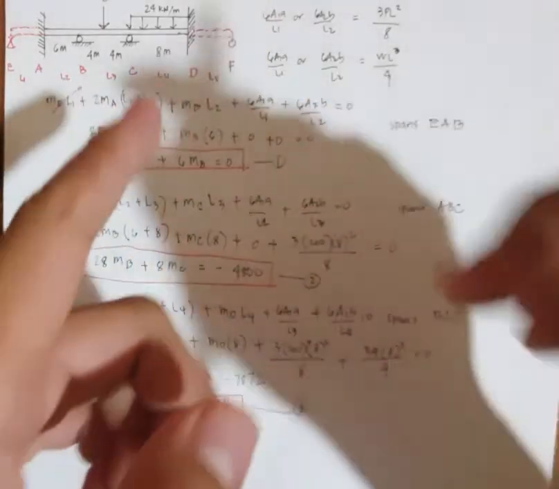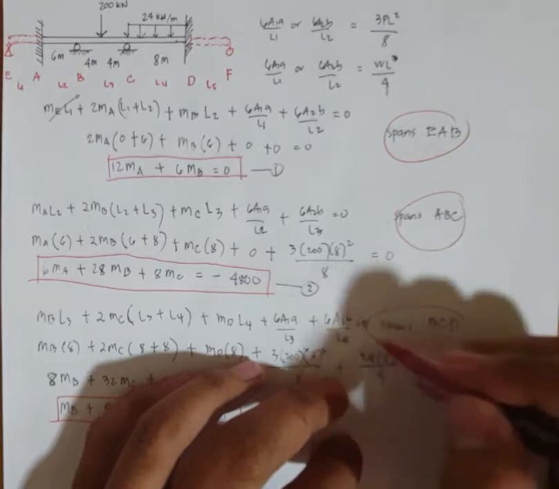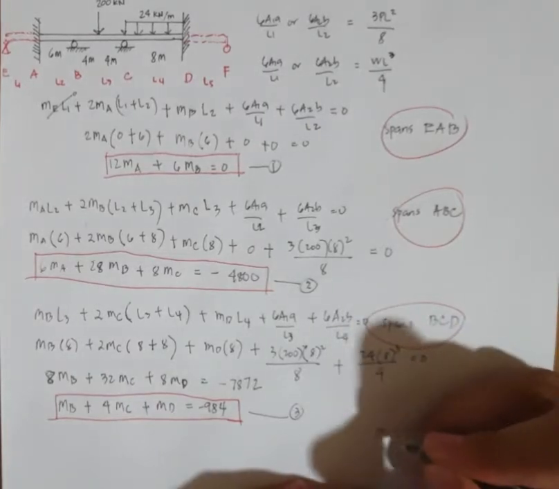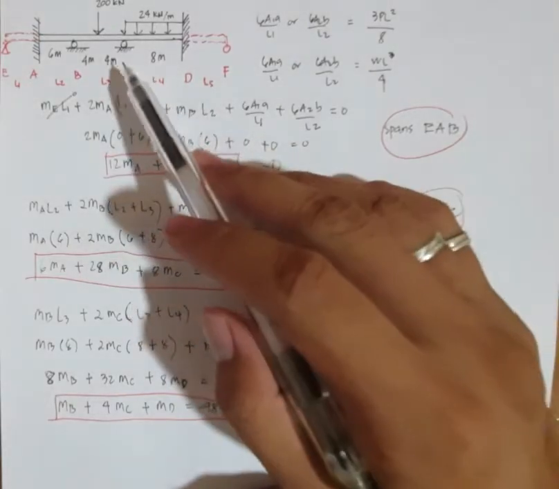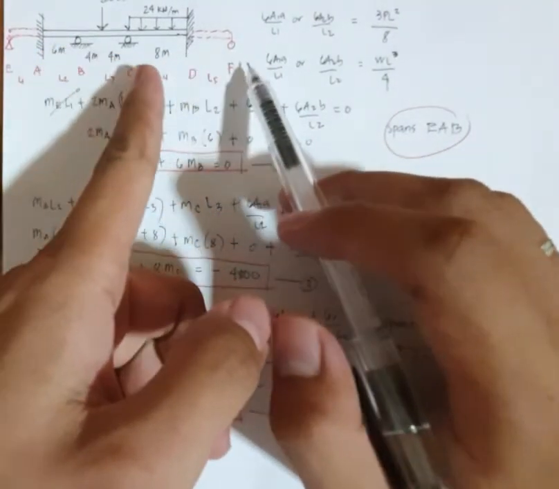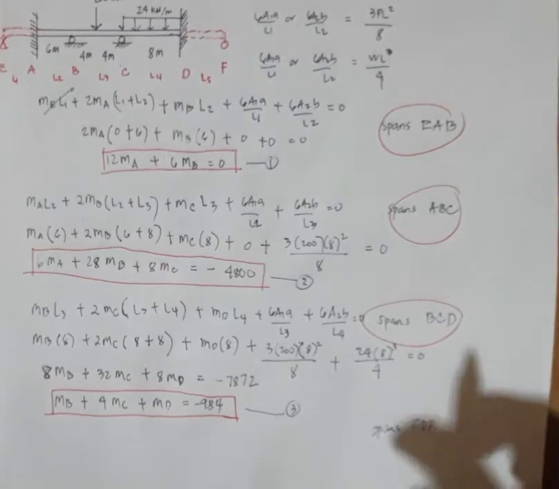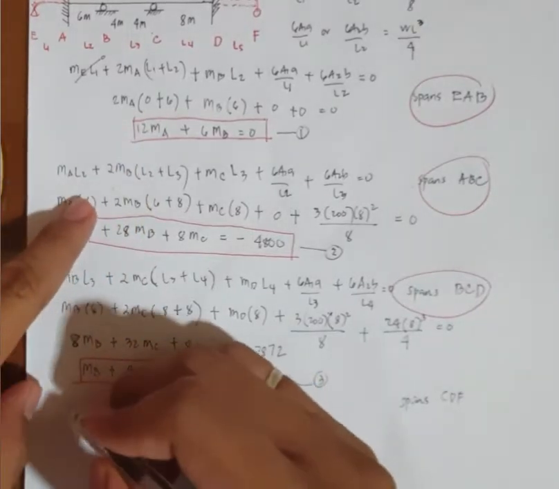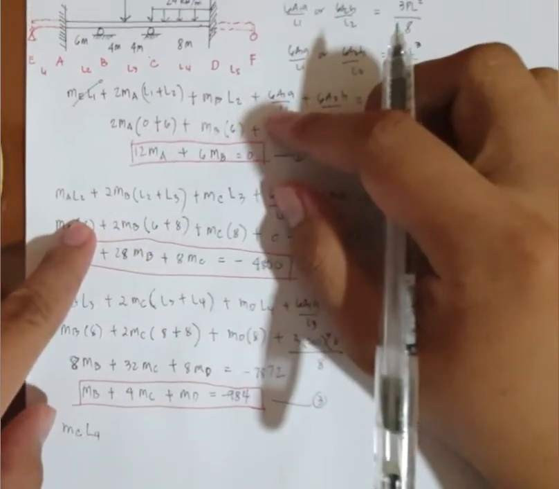Last, we go to the spans BCD, then CDF. Okay, so CDF: MC L4, correct?